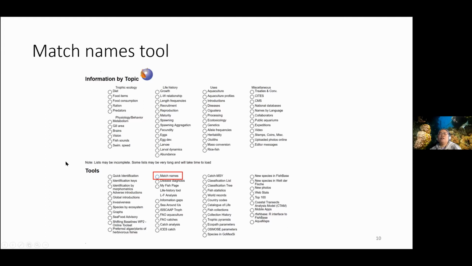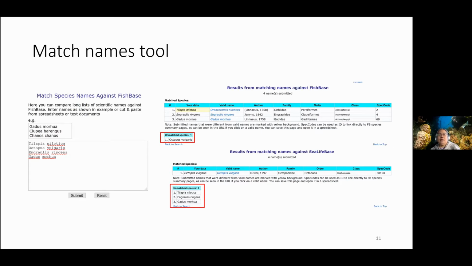So in the search page, if you scroll down to the tools section, you will see this match names radio button. And when you click that, you get this page, and you just stick in your names list there and submit. And if you were in FishBase, you would get a return of that using here.